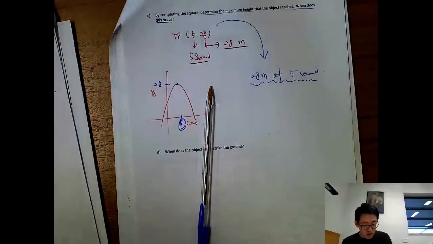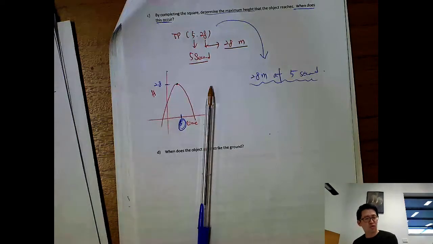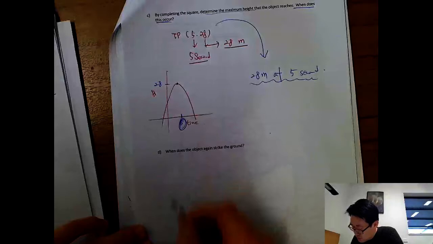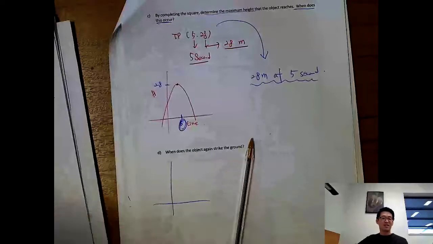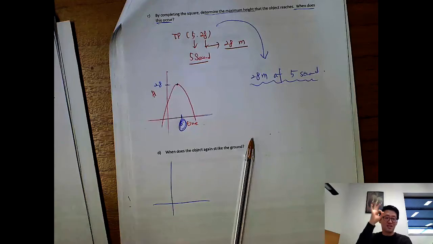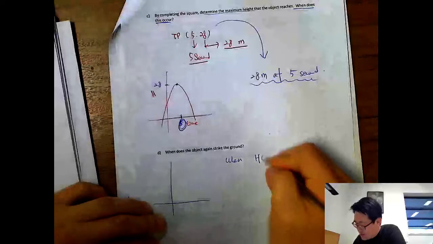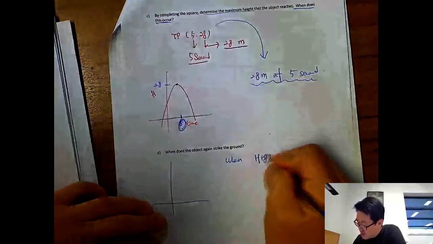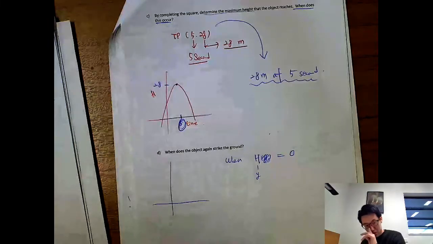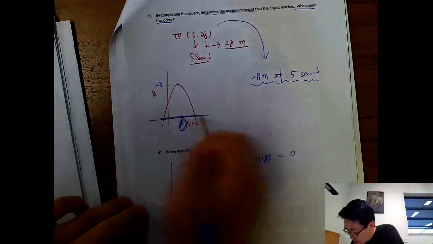D. When does the object again strike the ground? When something strikes the ground, what does that mean? Your height is 0. So when the y value, or height, equals 0. When is the height equal to 0? From the graph here, isn't it?